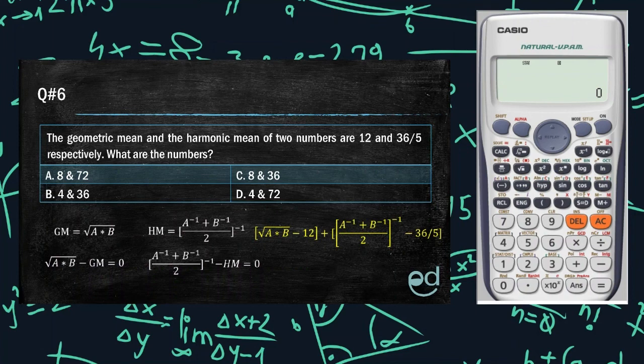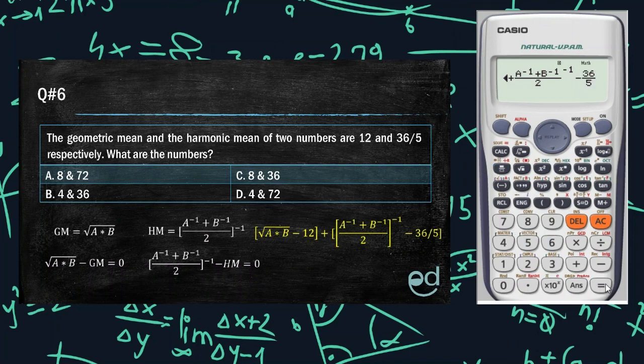In the calculator, let's type the following. Going to mode 1, square root of ab minus 12 plus a inverse plus b inverse all over 2, then inverse, minus 36 over 5.